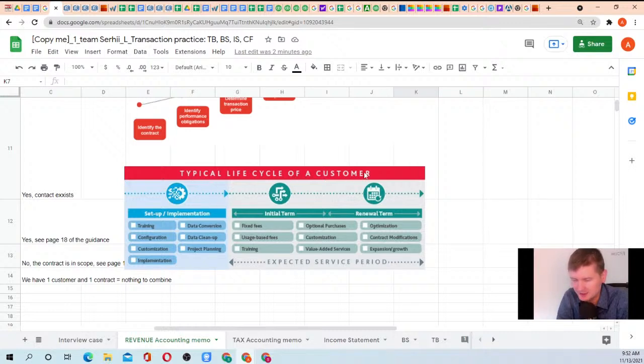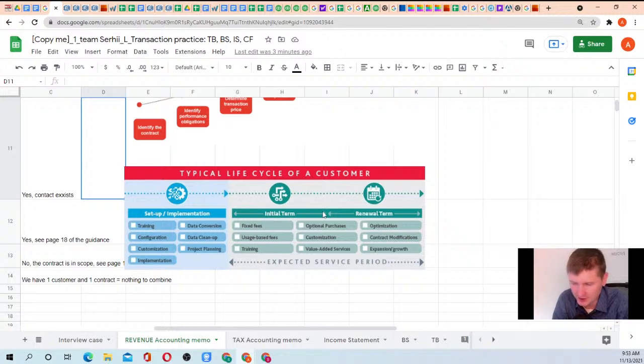And here is the life cycle of a SaaS service. QuickBooks is software as a service, and we have a few stages of life here. The first one is setup and implementation, where we have training, configuration, implementation, data conversion, data cleanup, project planning, all of that stuff which most IT projects have.